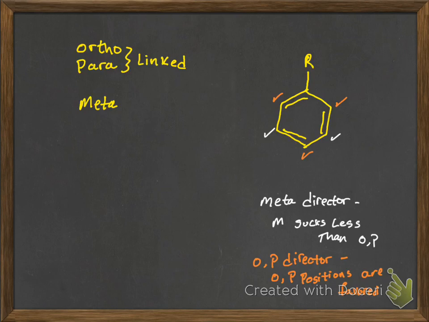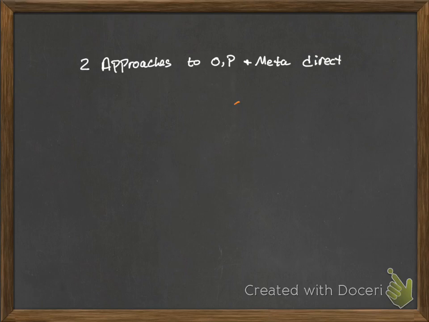All right, now there are two theories, two approaches to ortho, para, and meta directors. My intention is to give each one of these a video and then a third video at the end to kind of sum them all up. That way every one of these gets a chance to breathe.